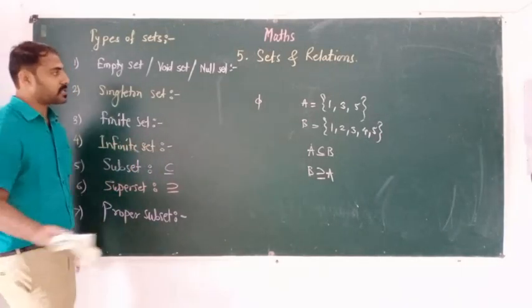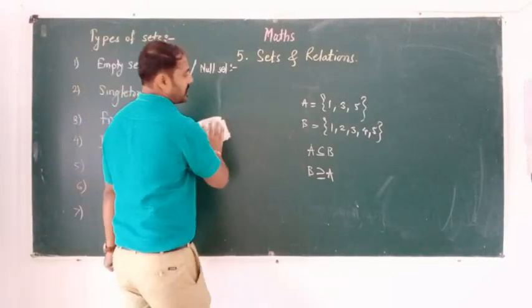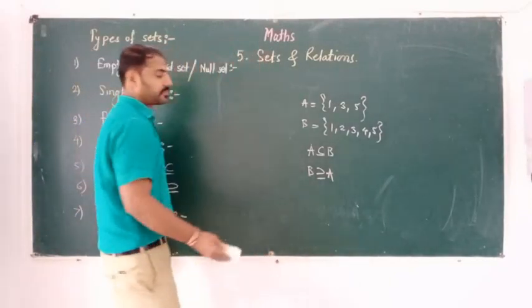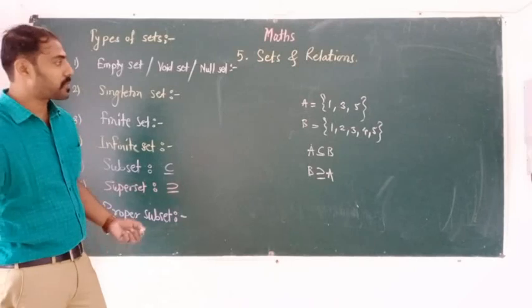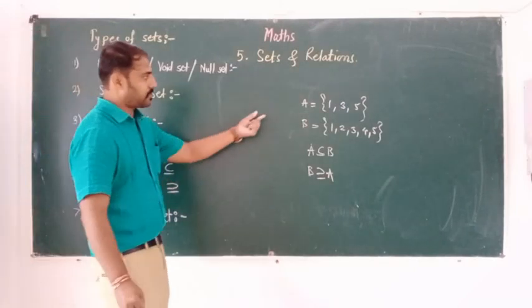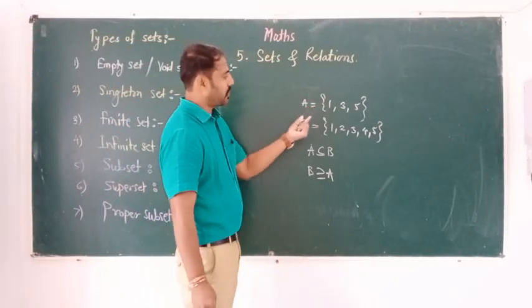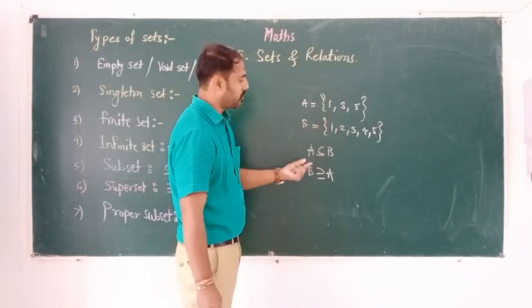Now for proper subset, which set is said to be proper? For proper subset, I can take example A is equal to {1, 3, 5}, B is equal to {1, 2, 3, 4, 5}.